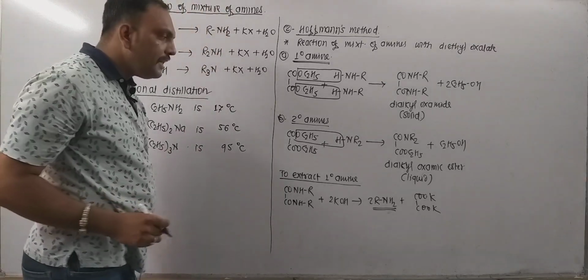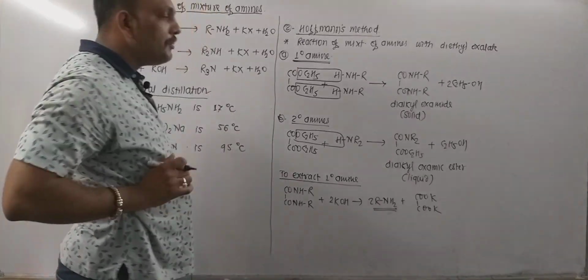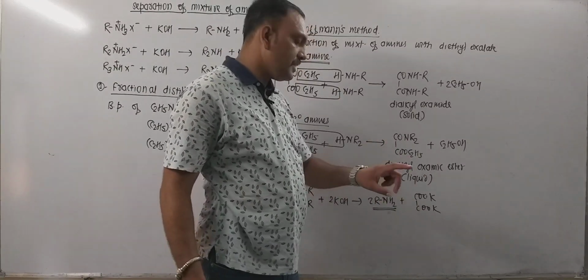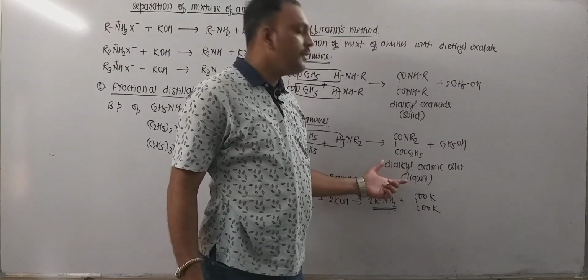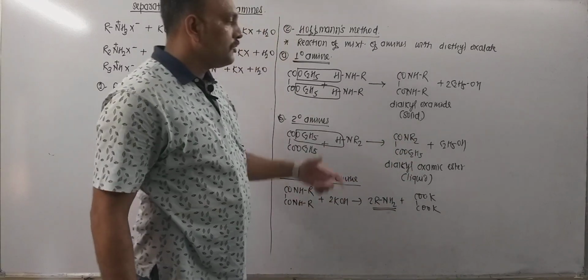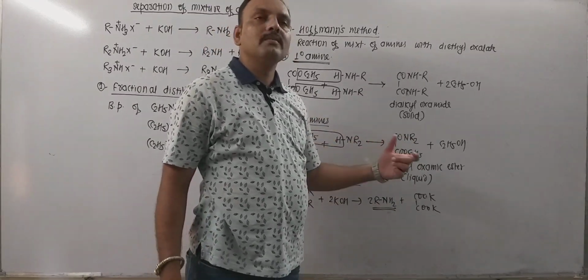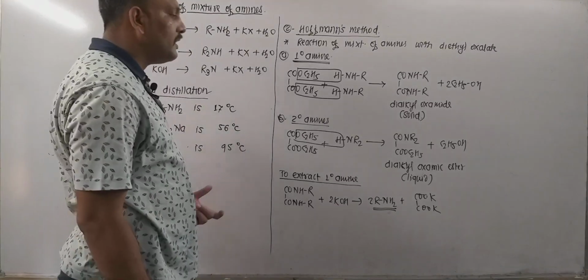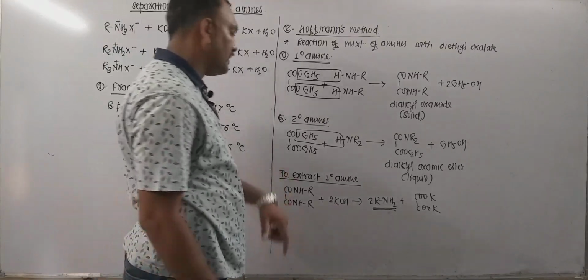Now secondly, we have the mixture of what? Dialkyl oxamic ester, which is liquid in physical state, and tertiary amine. So this is to be fractionally distilled. Due to fractional distillation, one can separate tertiary amine.